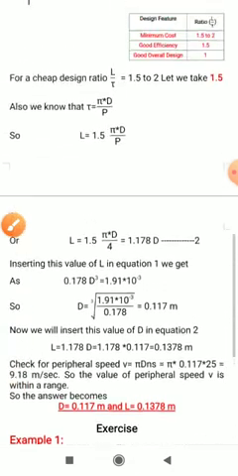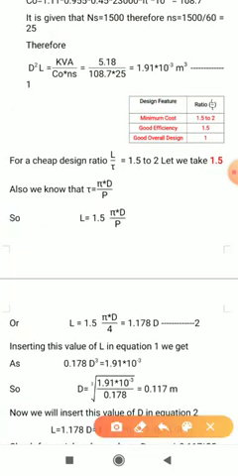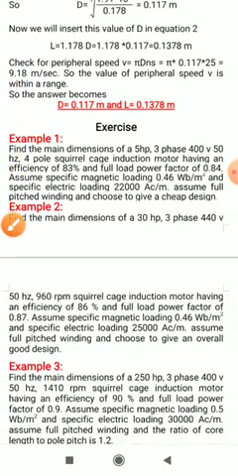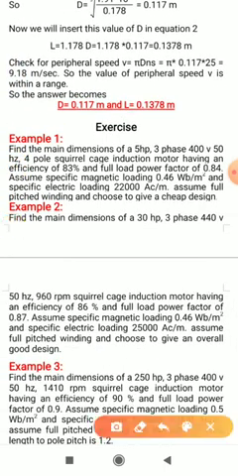So just once again check this table. The value of L by tau for a good overall design is 1. So it means in this example we have taken L by tau equal to 1.5, but while solving example number 2, you have to take L by tau equal to 1.